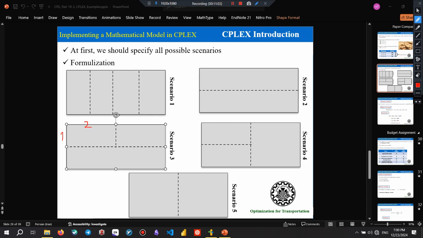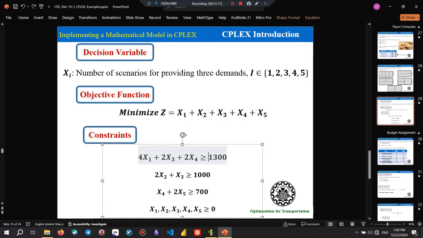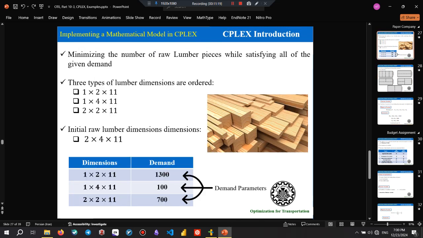This one's dimensions is 1 into 2. This one is the same. This one is the same. So these three scenarios are possible for providing the demand for the first type of lumber dimension for the lumber order.